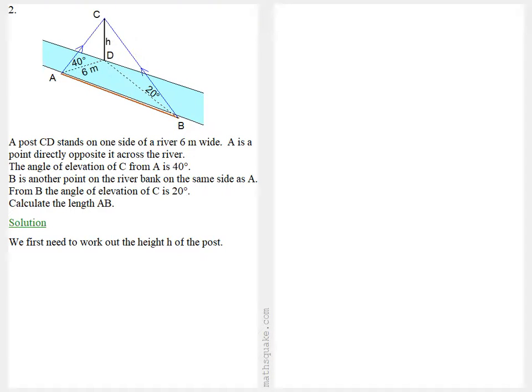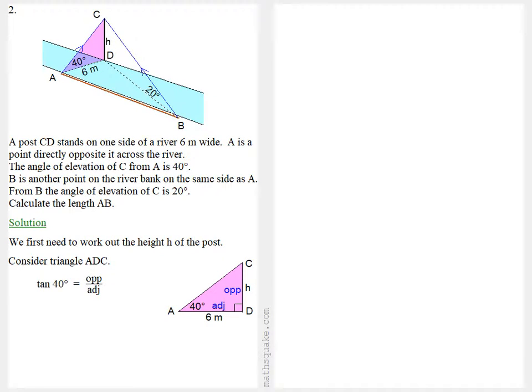We know that the river is 6 meters wide. So if we consider the triangle ADC, we should first draw a flat diagram. Now we can see it's a right angle triangle with an angle of 40 degrees. H, the height, is the side that is opposite the 40 degrees, and the 6 meters is adjacent to the 40 degrees.